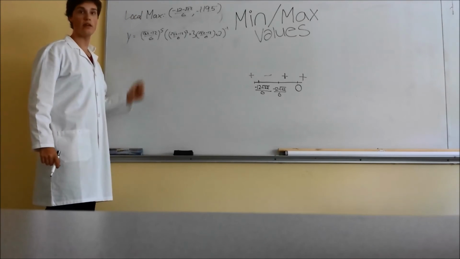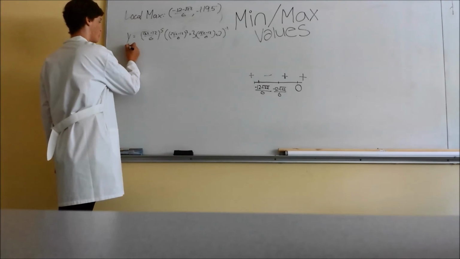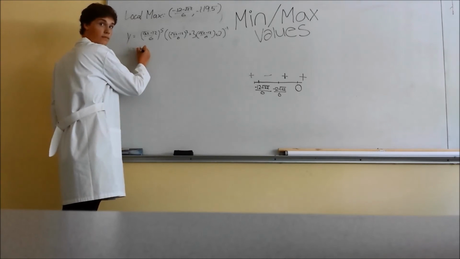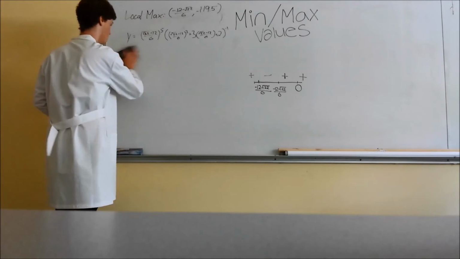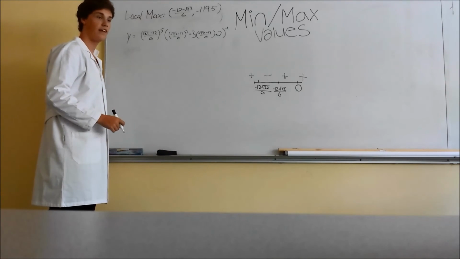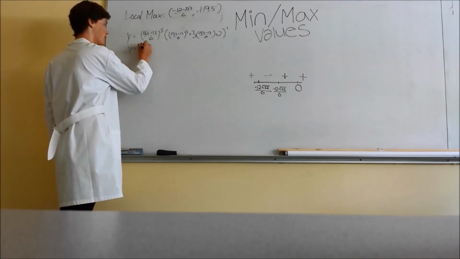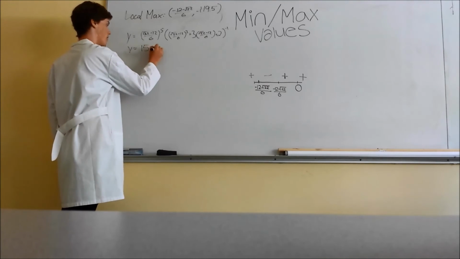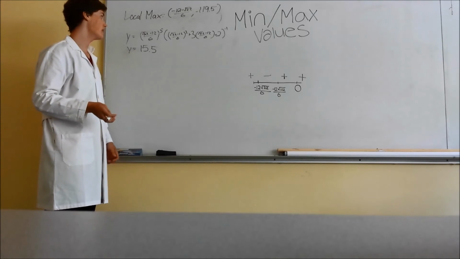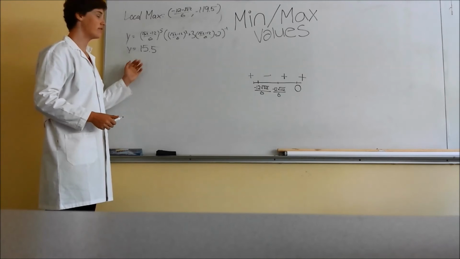So yet again, we plug our critical point into our original equation, and this simplifies to y equals 15.5. Therefore, we know that we have a local minimum located at root 22 minus 12 over 6 and 15.5.